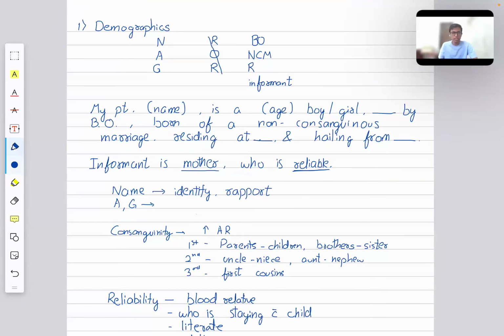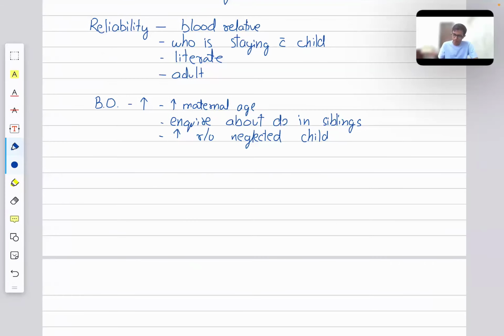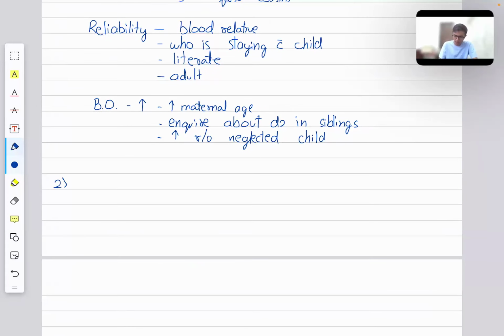So that is about the demographics. The second and most important part of the history happens to be the chief complaints and the history of presenting illness. At this point of time, let us reflect what is the basic purpose of history taking and examination. The basic goal would be to arrive at a diagnosis.